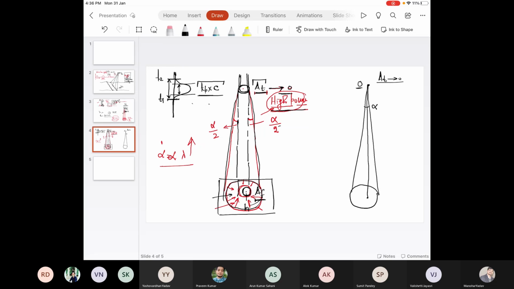This is the range from source O to some point P1. Somewhere this point P1 is lying.